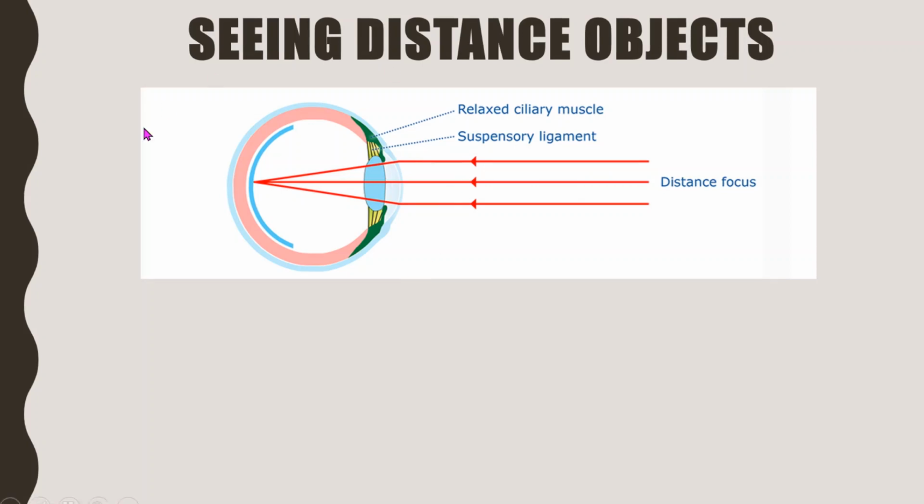The ciliary muscles stretch from both the sides, so they are pulling it from both the sides. So the lens is thin and big. When the rays of light go through, the focus is far off. The convergence is happening far off, and when the convergence is happening far off, you can see the distant object clearly.